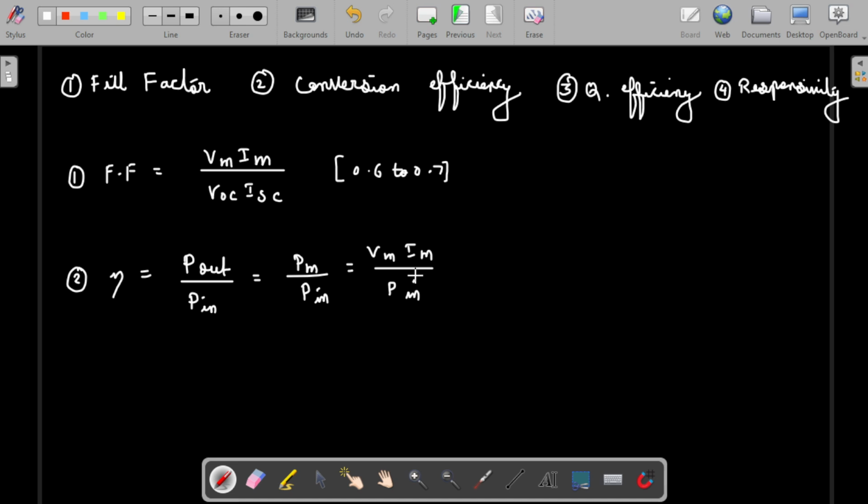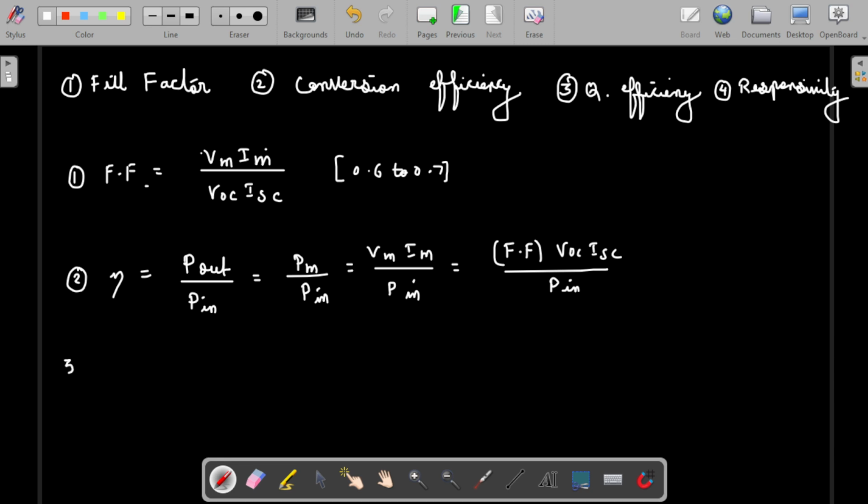This is the efficiency or optimization. This conversion efficiency can be written in terms of fill factor. So if we replace this, it can be written as fill factor times VOC ISC divided by Pin, right? So this is one thing.